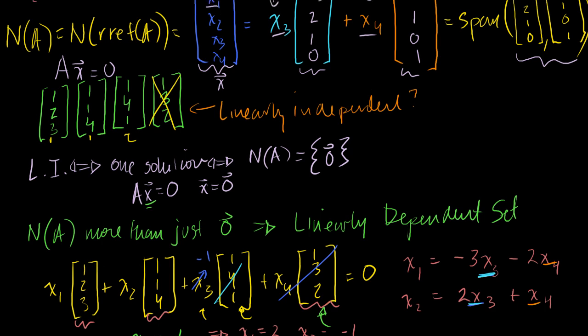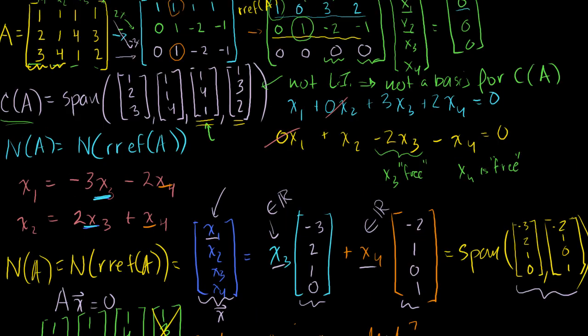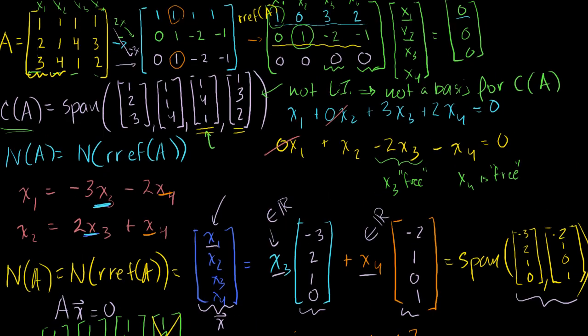But a very quick and dirty way of doing it, and I don't know if it's actually dirty, is to just take your matrix, put it in reduced row echelon form, and you say, look, this column and this column are associated with my free variables. Therefore, this column and this column must be associated with my free variables. The solution sets are the same to AX equal to 0 or the reduced row echelon form of AX equal to 0.